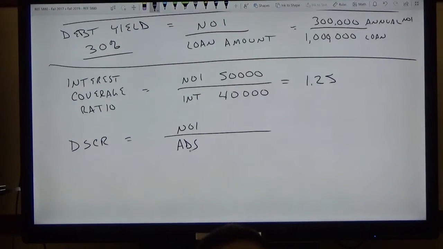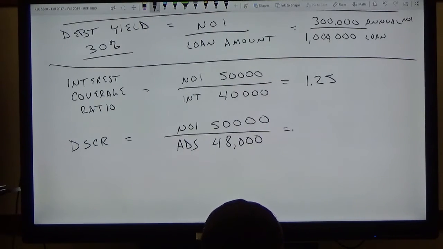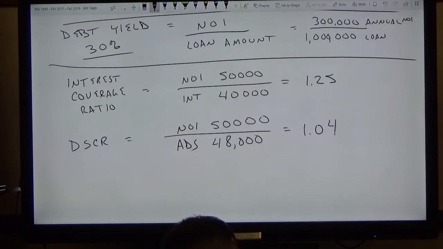1.25 for interest coverage wouldn't be that good, right? Not necessarily, because it depends. It could very well be that if we've got an operating income of 50,000 and for that same loan our total annual debt service is, let's say, 48,000, with that $8,000 difference being the principal portion, well, in that circumstance it's $1.04.